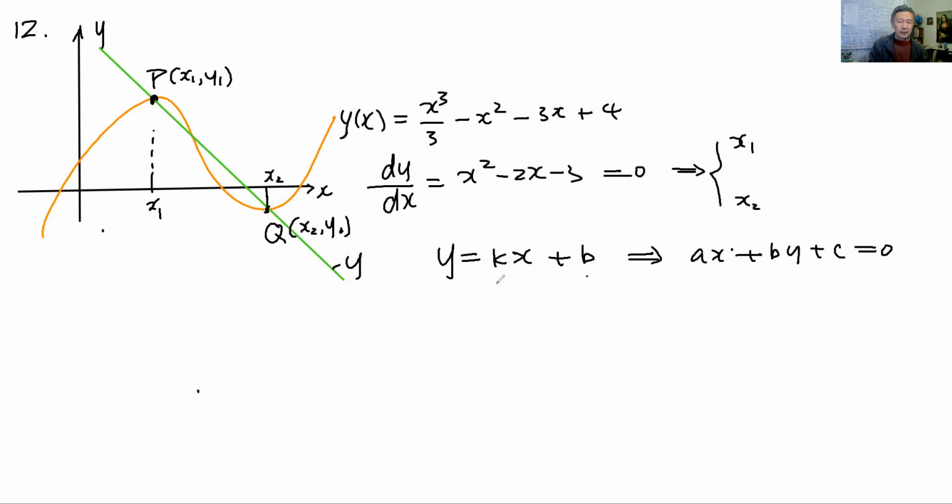We first find the gradient. I have a more complicated formula method, but we will not discuss it today. We use a simple one. To find the gradient, I just redraw this diagram and assume there's a straight line, which is easier for us to interpret.